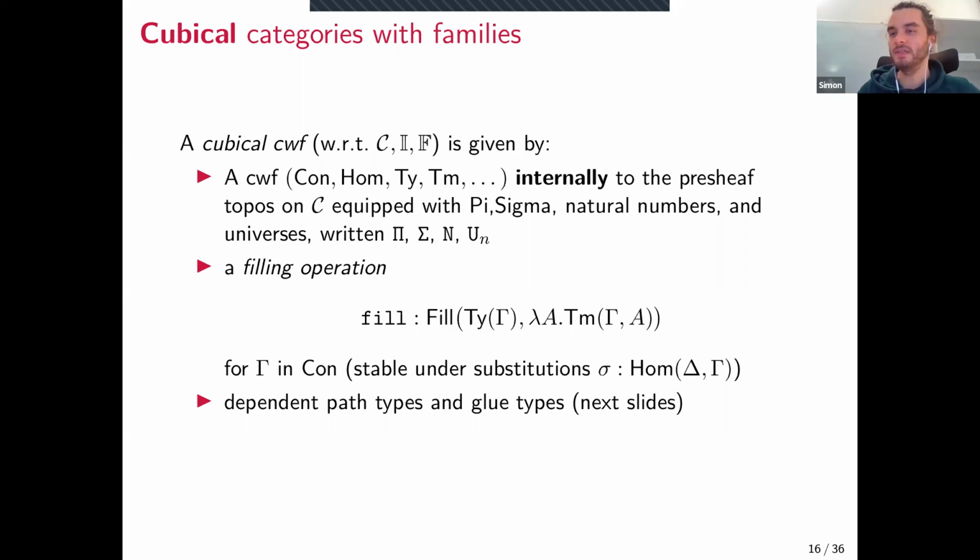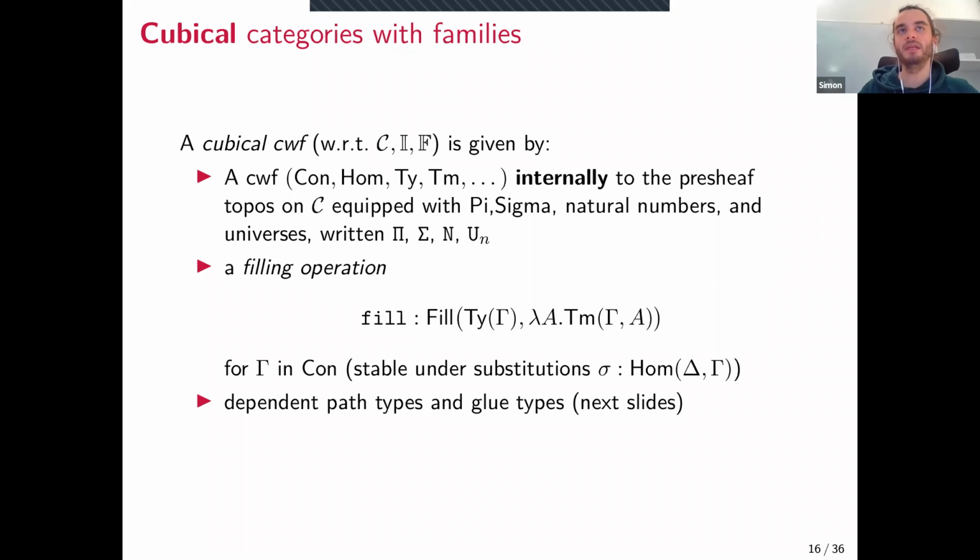I'm not quite sure I understand. Okay, Con is really just a functor from C op into Set. So it takes each object of C and gives a set of contexts. Yeah, the set of contexts. What are these contexts in relation to?